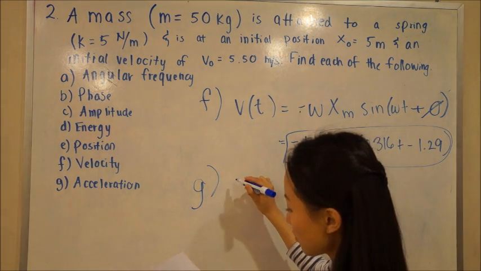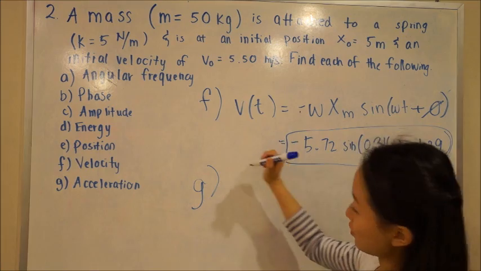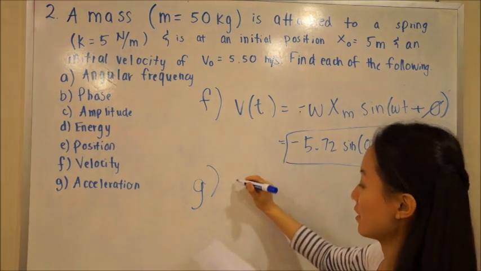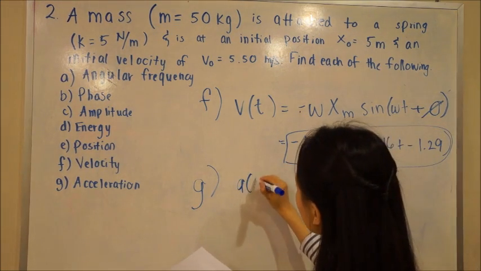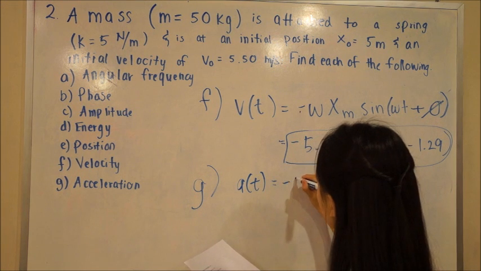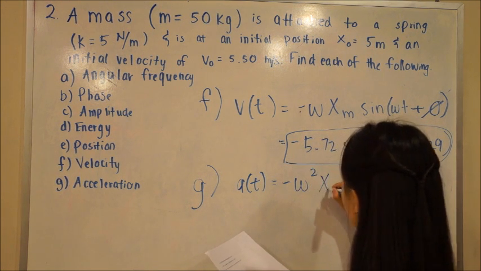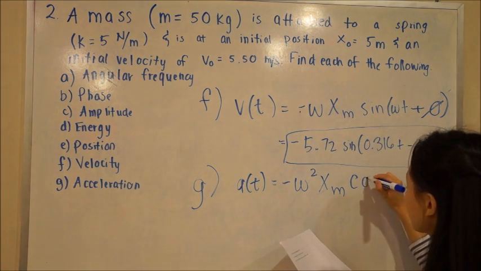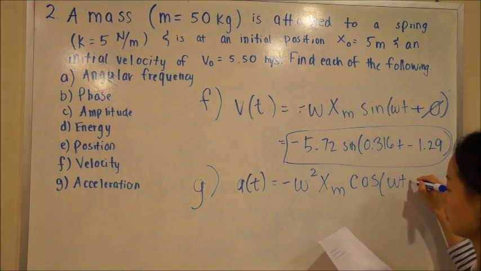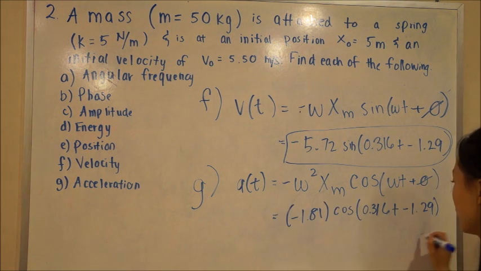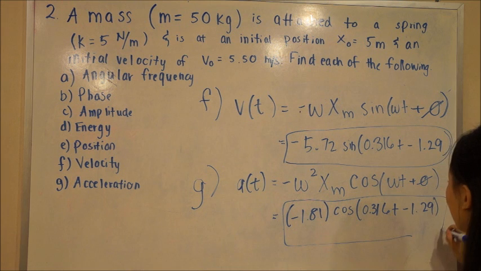And finally, to find acceleration, you derive the velocity equation to get acceleration equals negative omega squared times the amplitude times cosine of omega t plus phi. And this is the equation you would get.